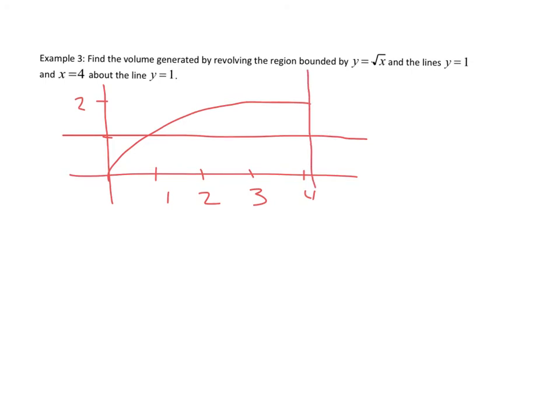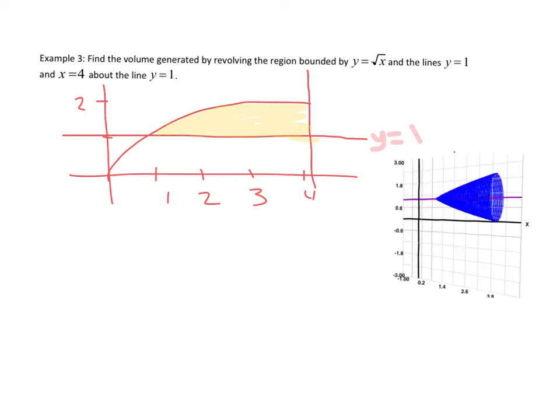So our shaded area is going to be this part right here. We are rotating it around this line y equals 1, that's right here. If we were rotating it around the x-axis like we did in the previous one, that would actually involve the washer method, which we'll talk about in just a minute.